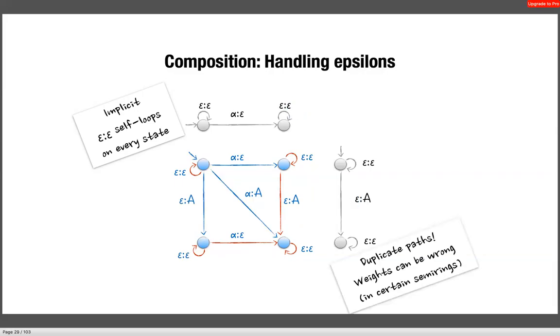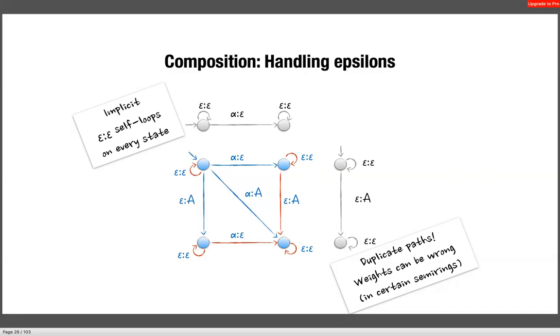Okay, so what is the problem? The problem is that this can lead to lots of duplicate paths, what is known as path multiplicity. These duplicate or redundant paths unnecessarily blow up the size of your machine, and your resulting computations with this machine are going to be very computationally expensive.